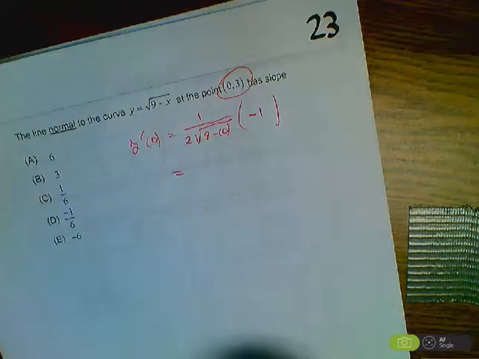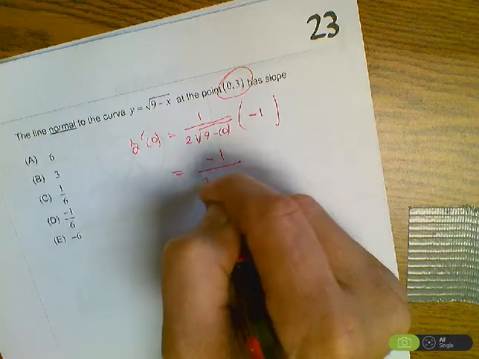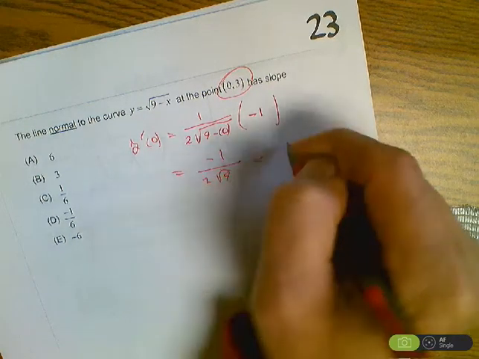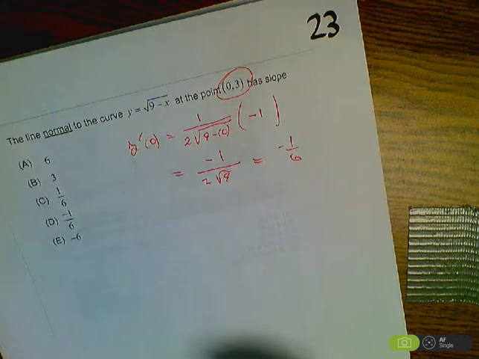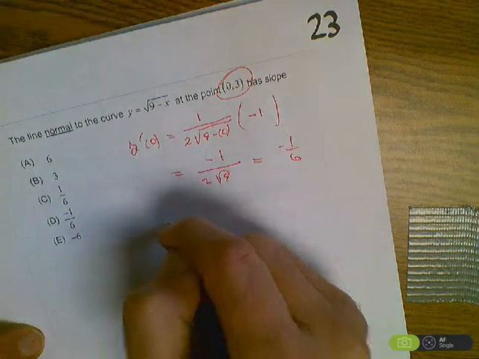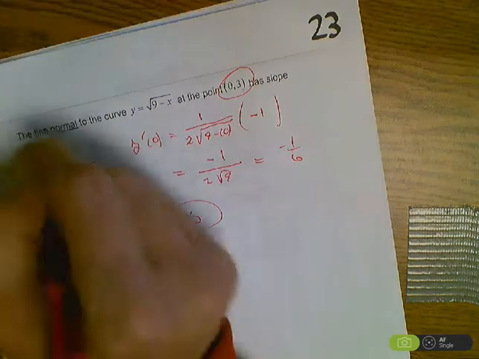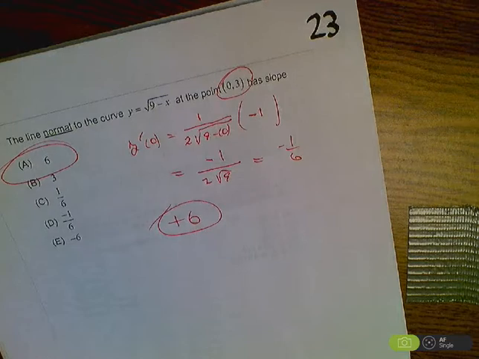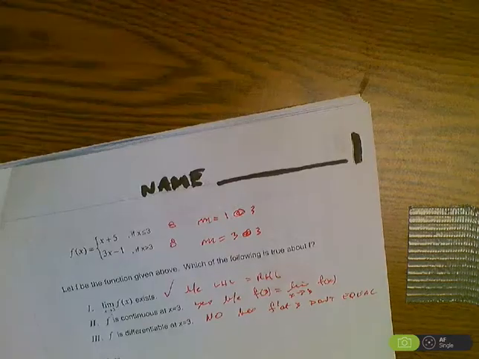So the slope is going to be negative 1 over 2 square root 9, which is negative 1/6. So the negative reciprocal slope is a positive 6. That's what we needed. It just has the slope of 6. That's all we needed to do problem 23. We'll never know what problem 23 is that quick unless we get to it, right? So if you don't watch your time, you might be giving up the easiest problem there is at the end of the test.